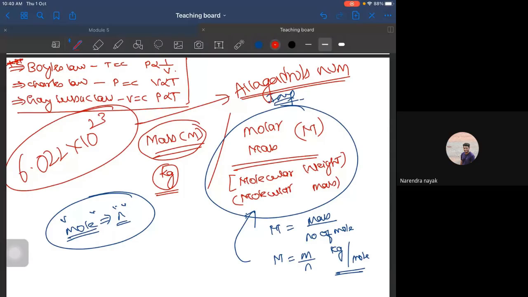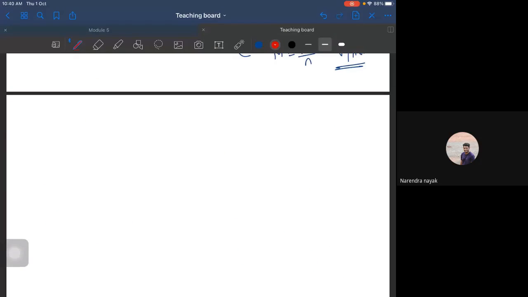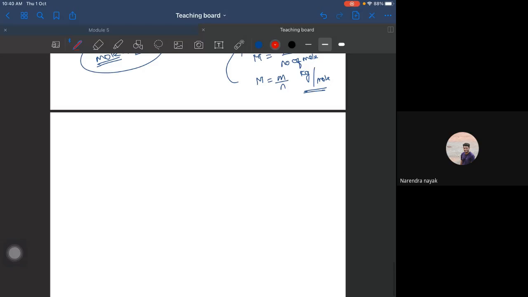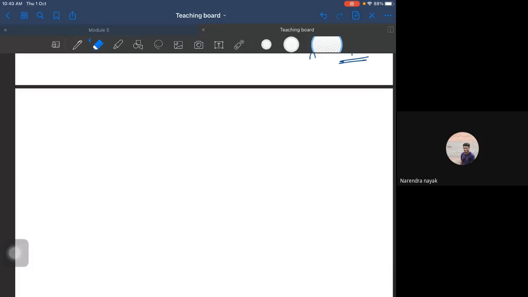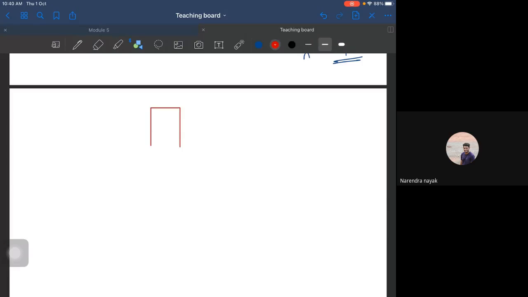The significance of Avogadro's number is, in order to define a mole, suppose I take a substance like this. In this amount of substance, there are a huge number of particles.